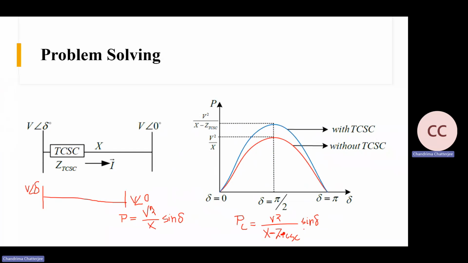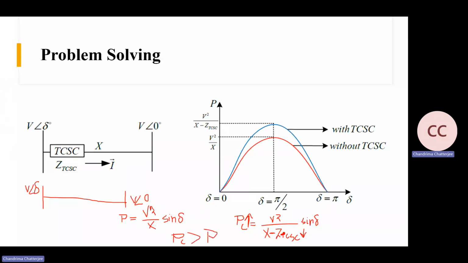In that case, the denominator is lower than simply x. Okay, the denominator is lower, that's why TC is higher than P, right? So P compensated is higher than P only when the operation is capacitive.